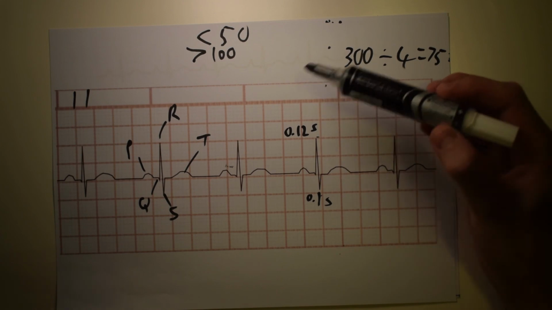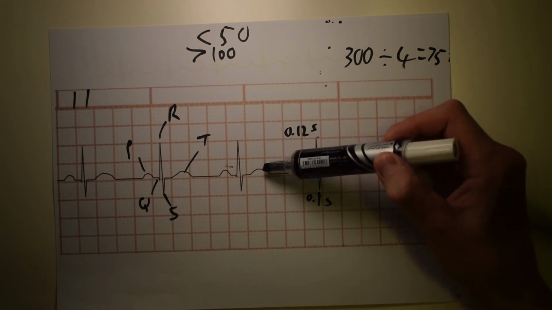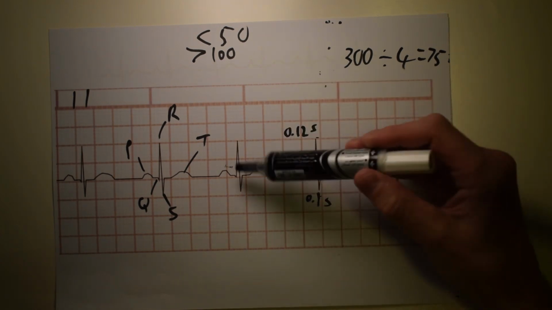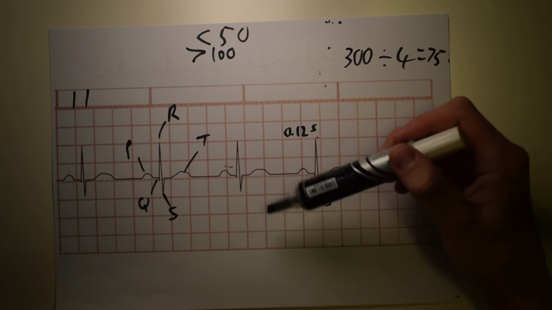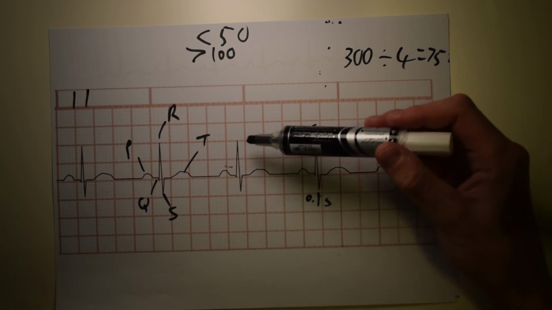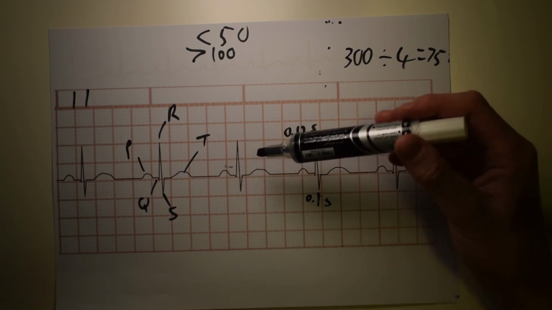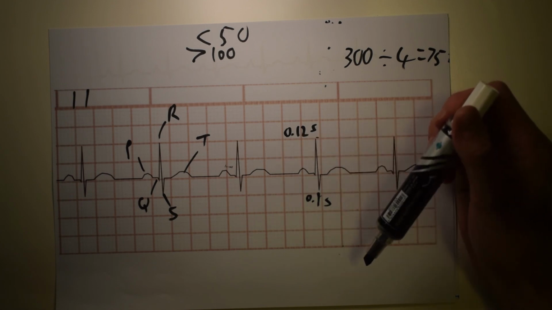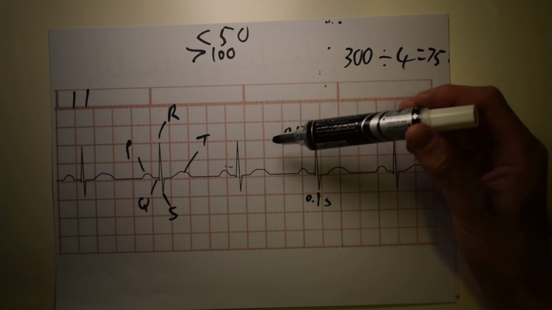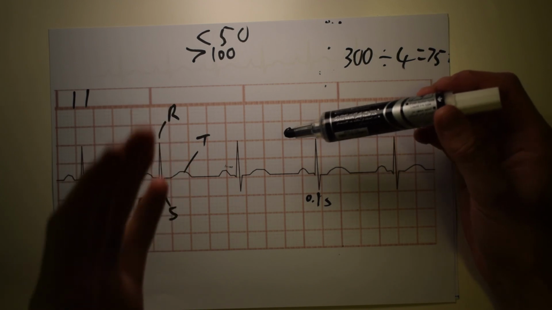You also want to take note of how big your T wave and your P wave are, whether they are flat, or looking abnormal. You also want to see whether it is regular.